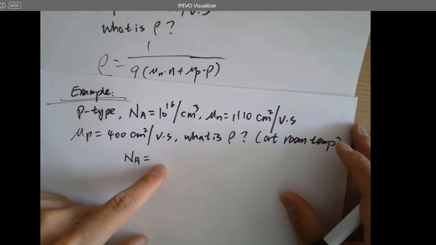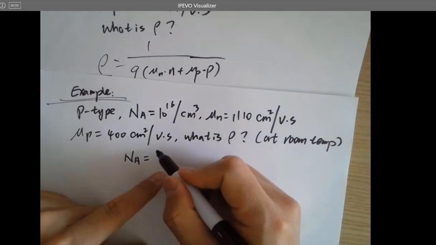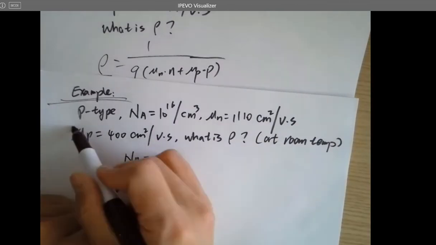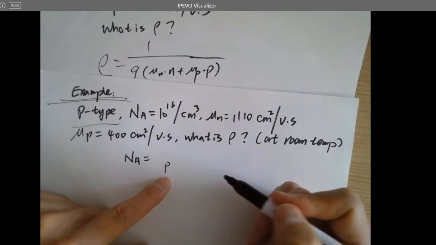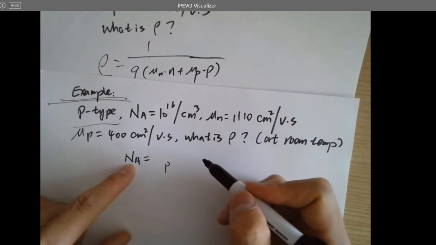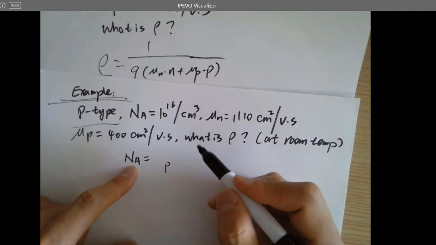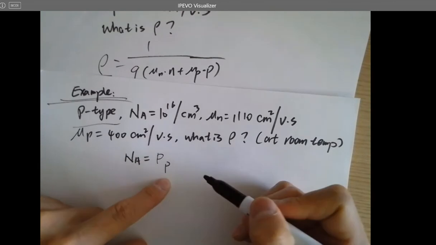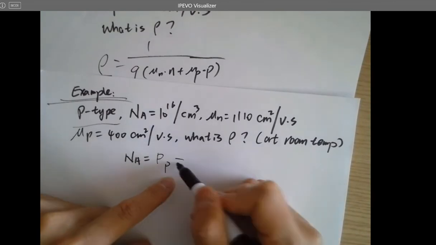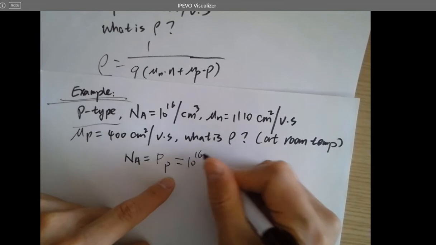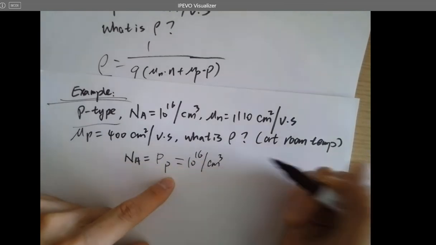So it's going to be what? P what? Should that be Pp? It's a p-type, right? Because the concentration of the acceptors is the same as the concentration of the holes, it should be a Pp here, which is 10 to the 16th per cubic centimeter.